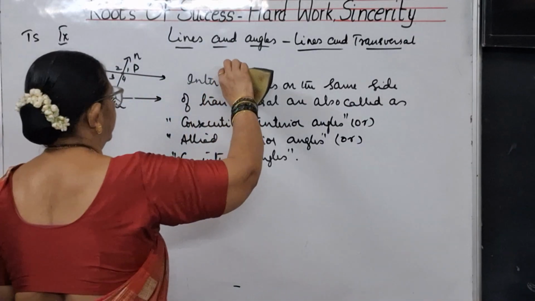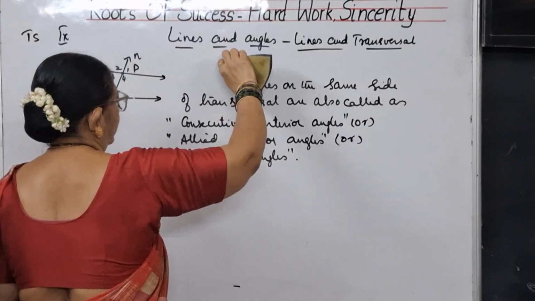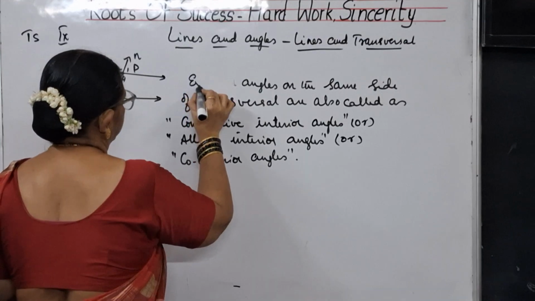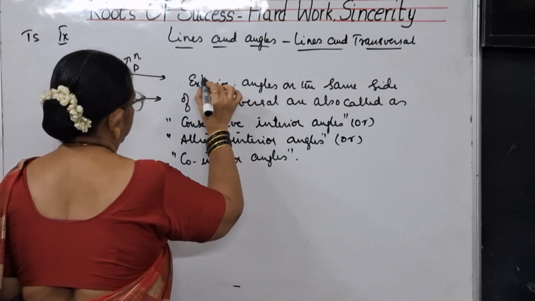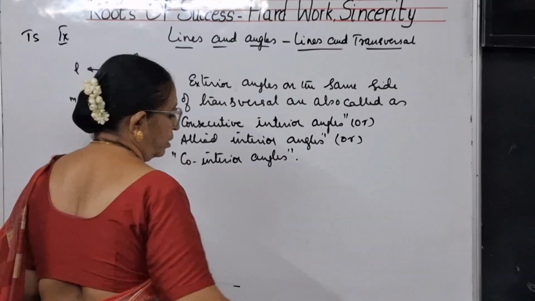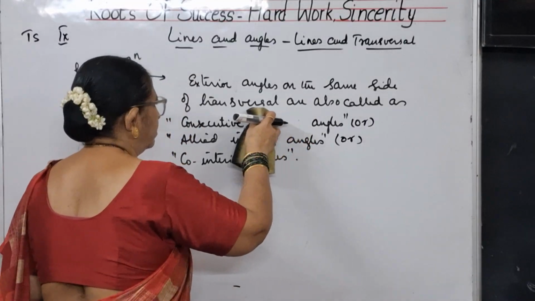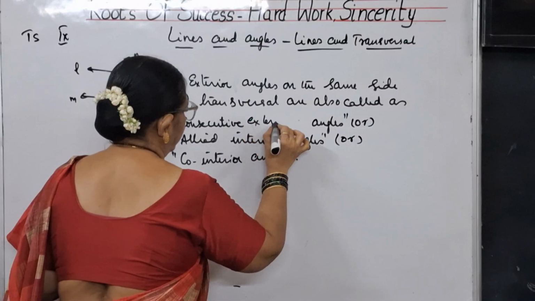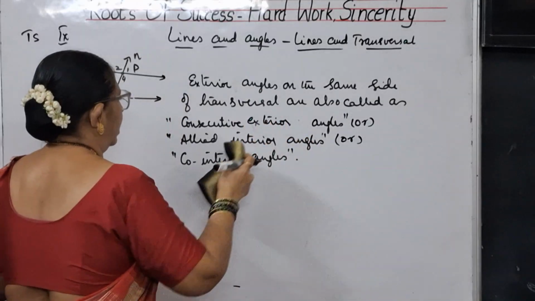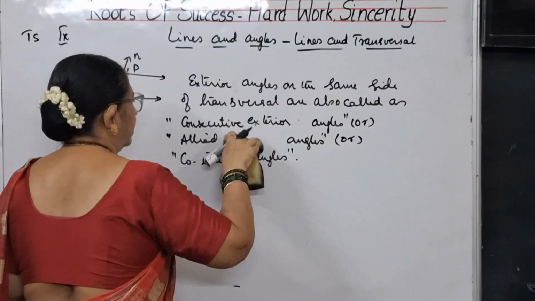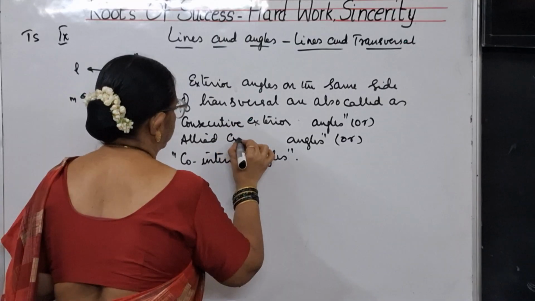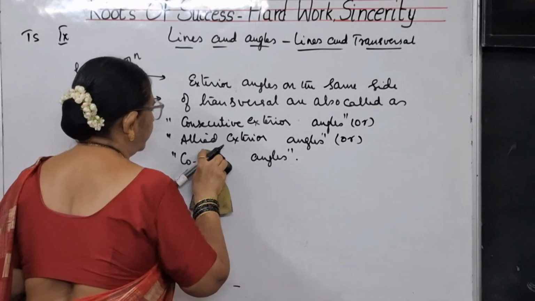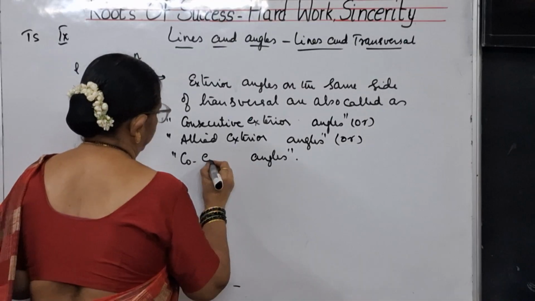Now the same thing, exterior angles on the same side of transversal. Same names: consecutive exterior angles, allied exterior angles and co-exterior angles.